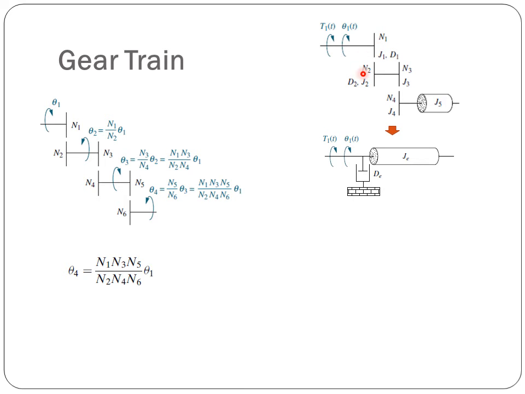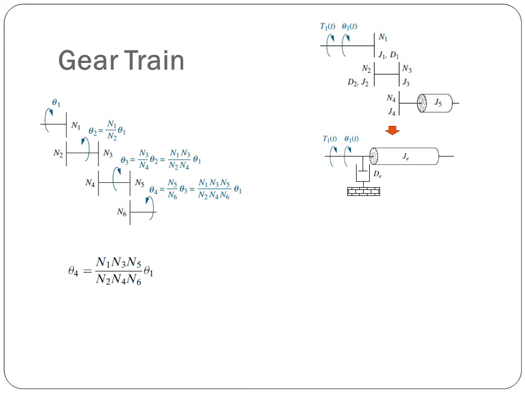Similarly, there is some friction on this axis which is D2, associated with this axis or this angular displacement, for example theta 2, and this is theta 3, something like that. The viscous damper or friction associated with this axis is negligible, so we did not write it down here.